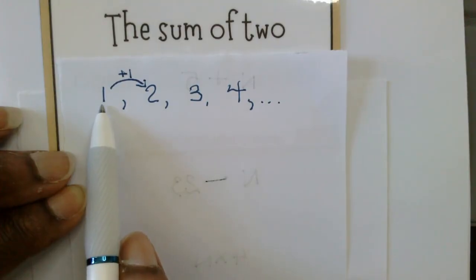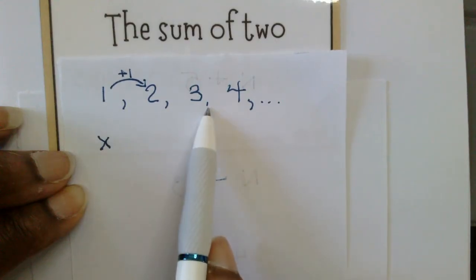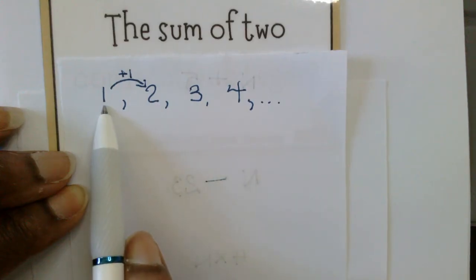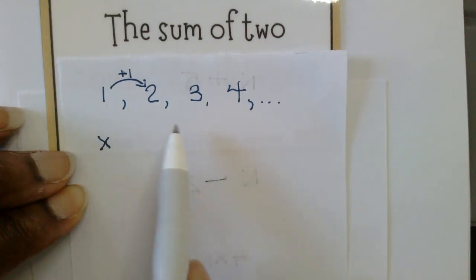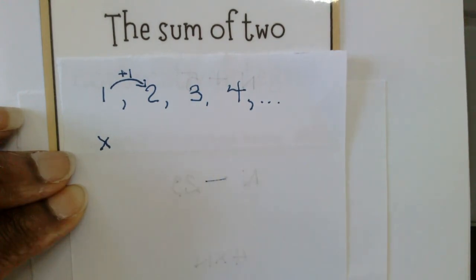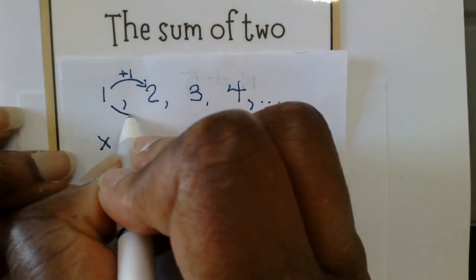If I start here at 1, how do I get from 1 to 3? Purple Penny is saying adding 2. Sherridge, add 2. Big Al, add 2.